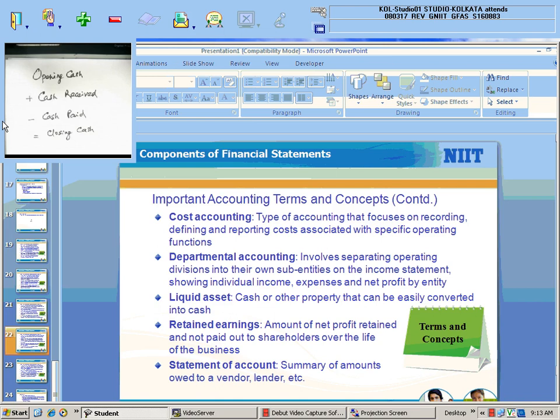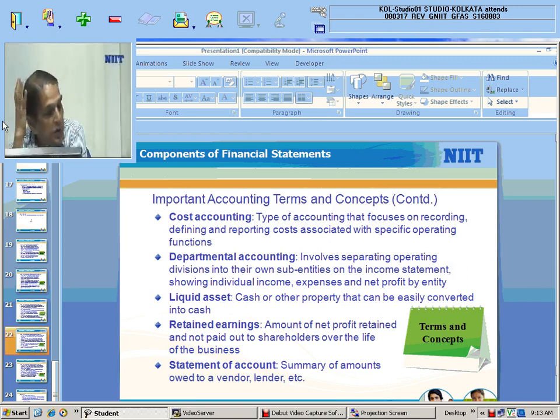The business defines the different operating functions, and the cost of each function is separately recorded. Costs are defined, how much of which cost will go to a particular operating function, and this is reported by the cost accountant, so that the business comes to know, during a particular period, how much cost is being incurred for a specific operating function.